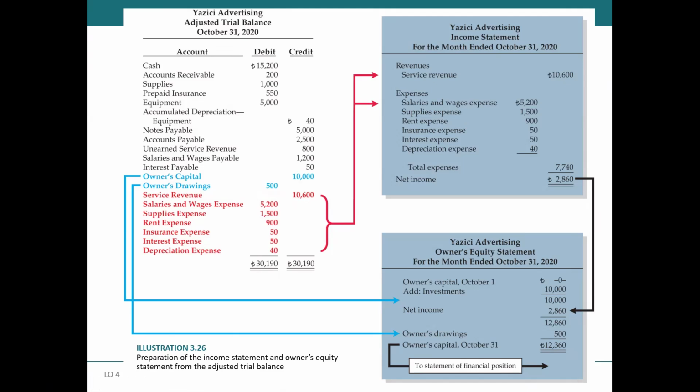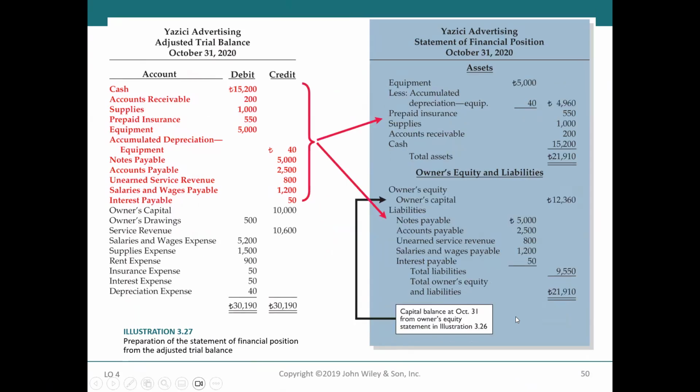And from the adjusted trial balance, I will use all the asset and liability accounts to prepare the statement of financial position and make sure that total assets equal total liabilities plus owner's equity, balance.